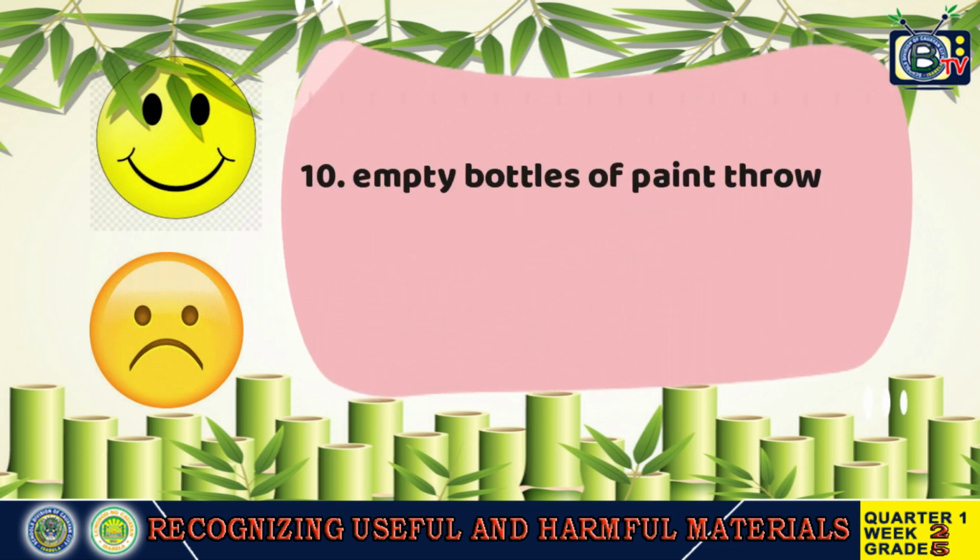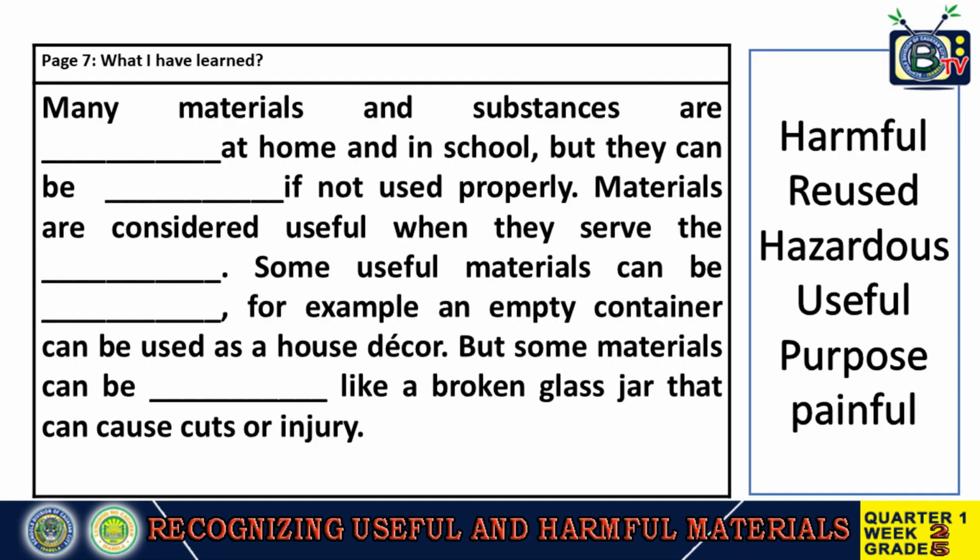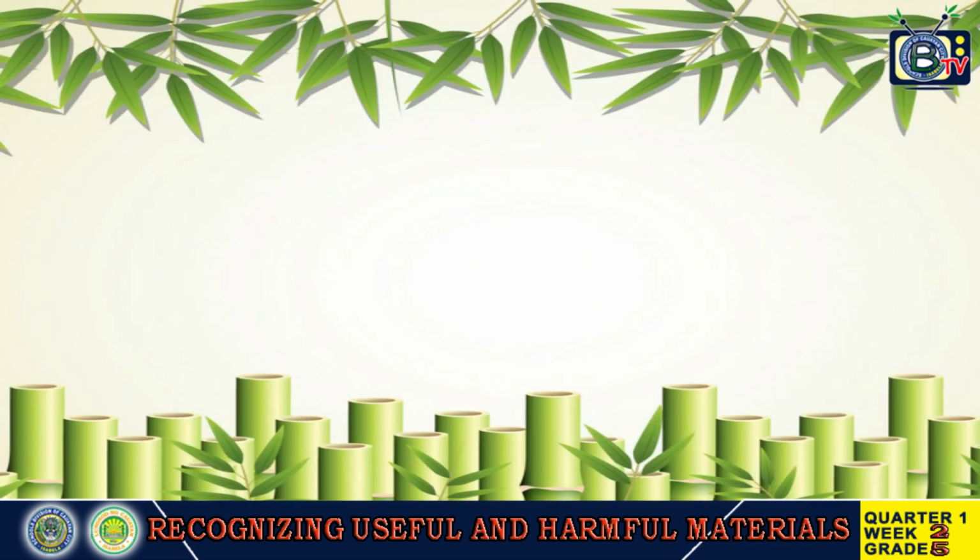And number 10, empty bottles of paint thrown into the garbage bin for burning. On page 7, what I have learned, complete the paragraph using the words in the box. Timer starts now.